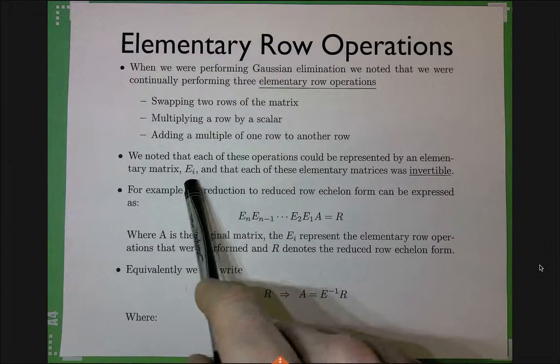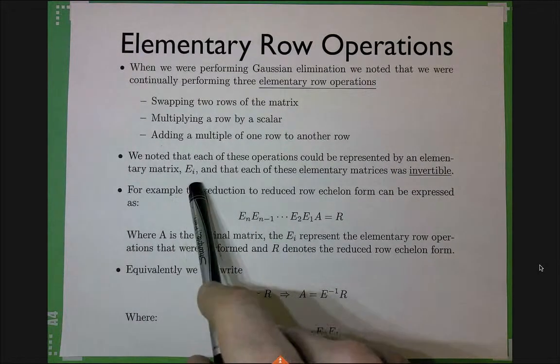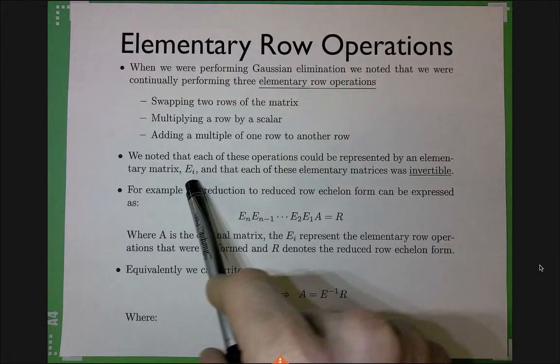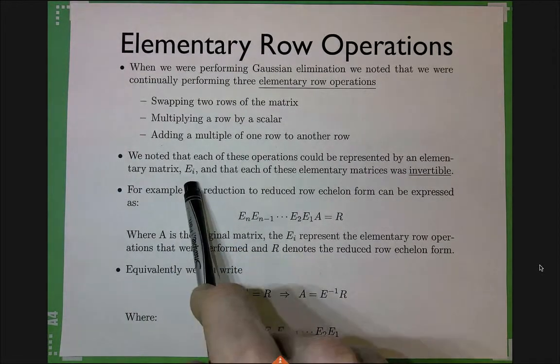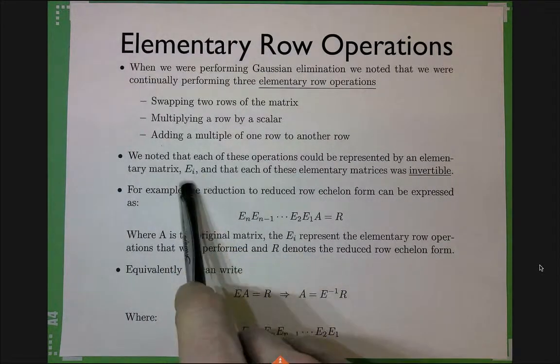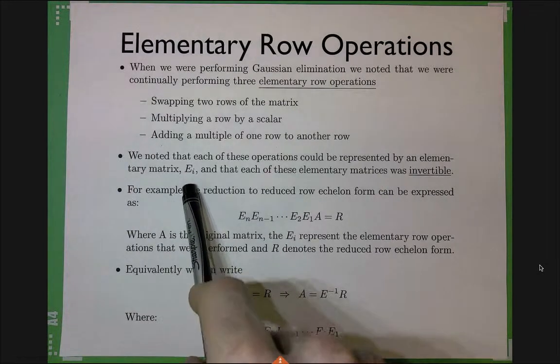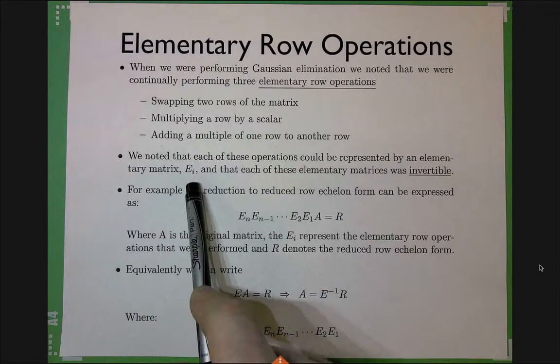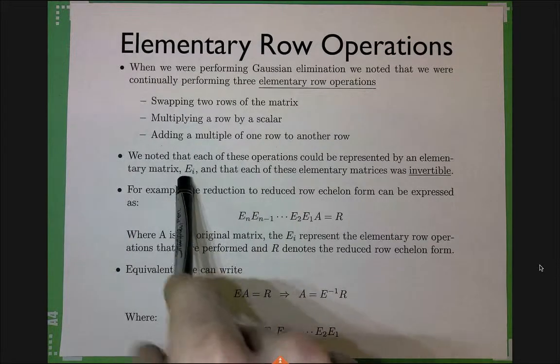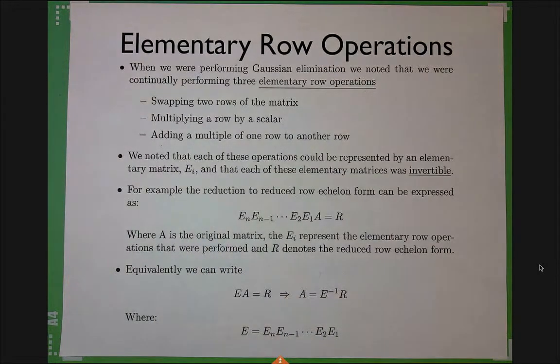We denote all of these basic matrices as E_i, the elementary matrix for short. Already before, when we talked about LU decomposition, we discussed that these are invertible. They are very simple, very sparse, invertible matrices, right?